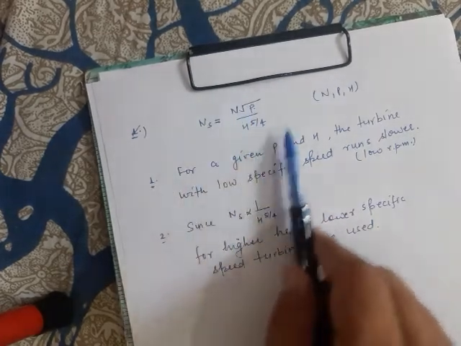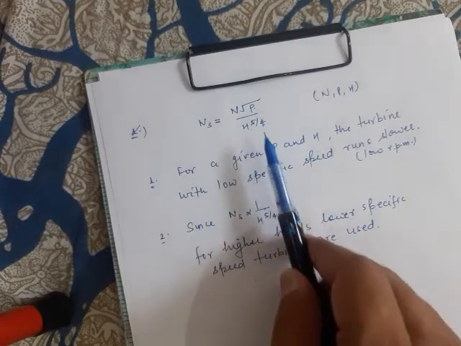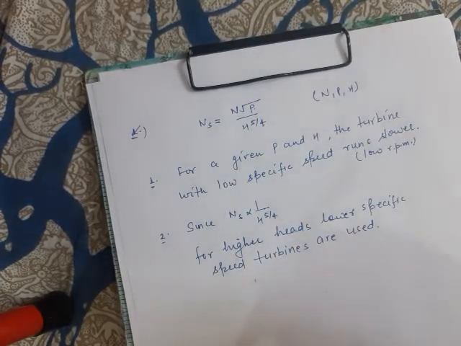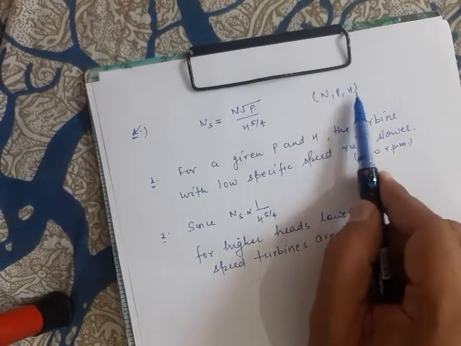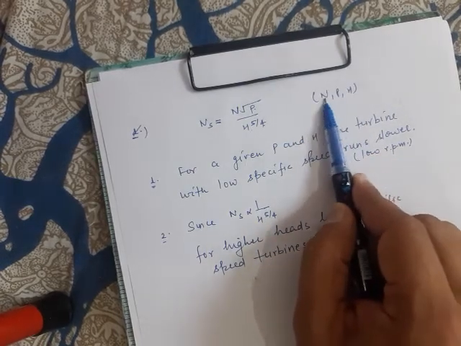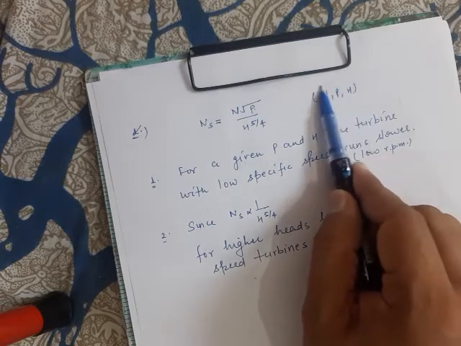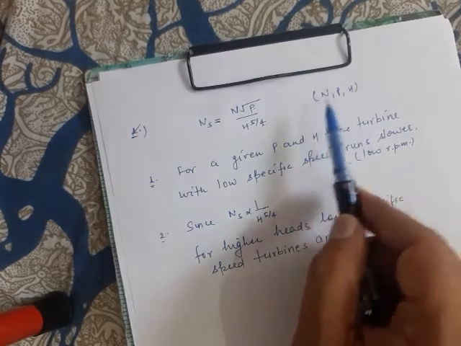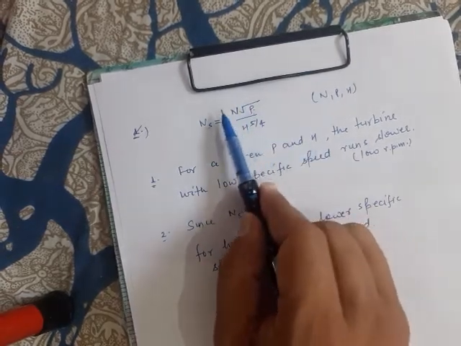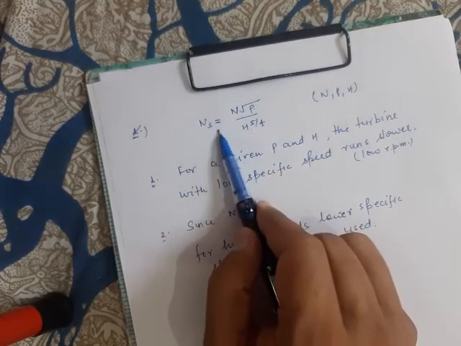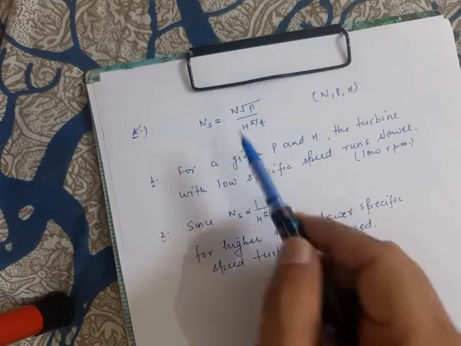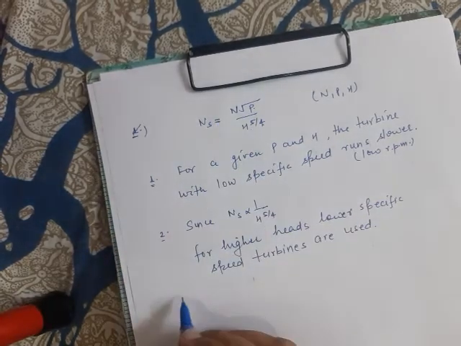This expression will enable us to select a suitable turbine for our application for a combination of these operating parameters N, P and H. These are the operating parameters: speed, power and head. For this combination of the operating parameters, we can select a suitable turbine using the expression of the specific speed. Clear?